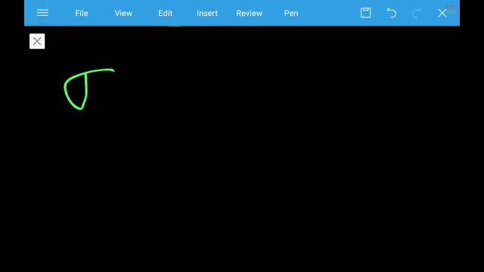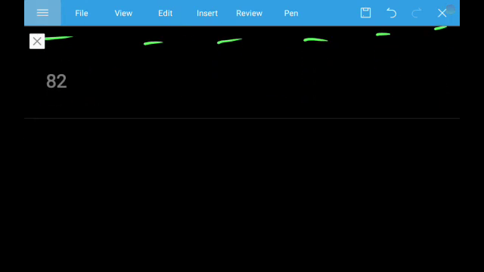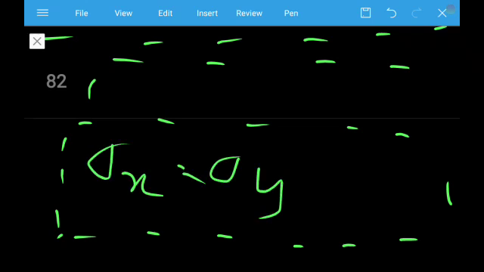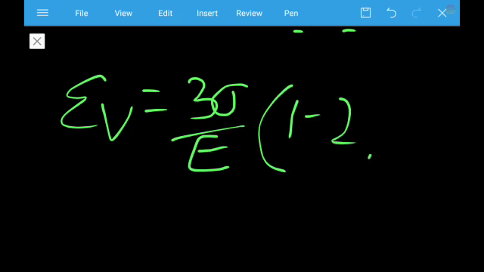Under hydrostatic loading, in the water submerged case, the stress will be the same in all three directions, so sigma x equals sigma y equals sigma z, and volumetric strain will be 3 times sigma upon E times (1 minus 2 mu).